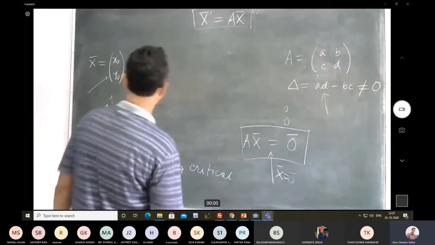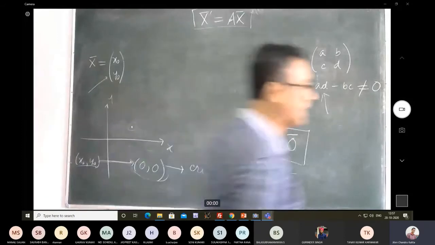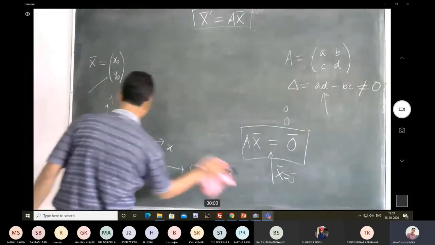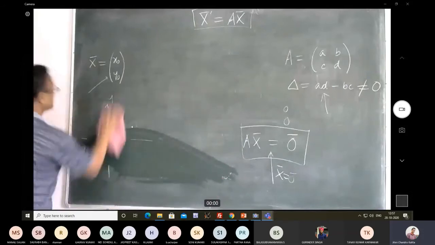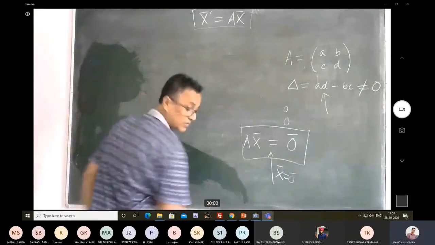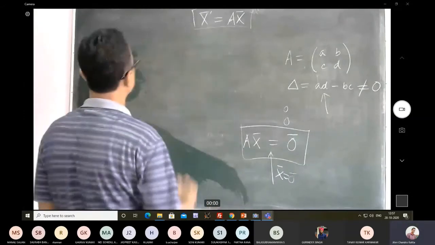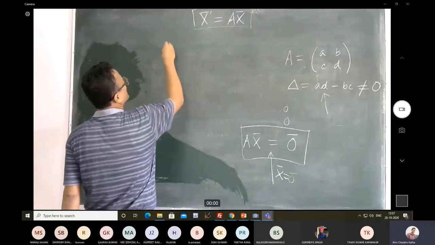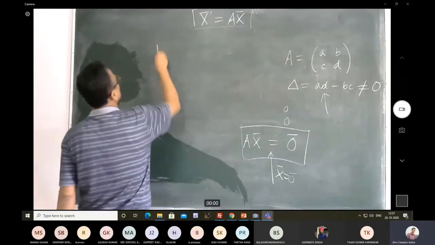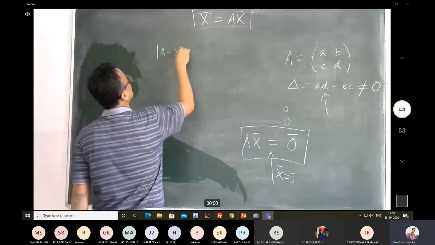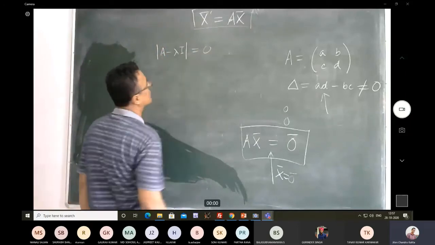Okay. So now, with that, let me show you another trick. We are going to make use of that later on. Now, if I consider the characteristic equation for this matrix, this is equal to 0.